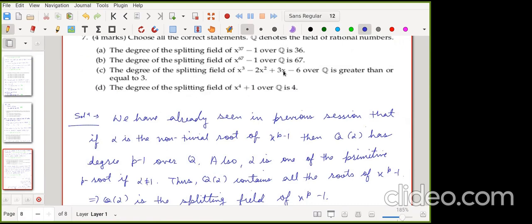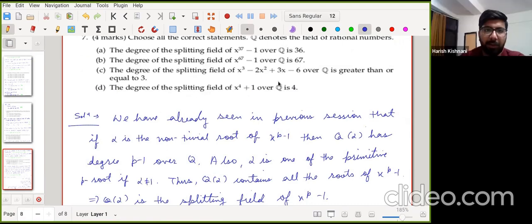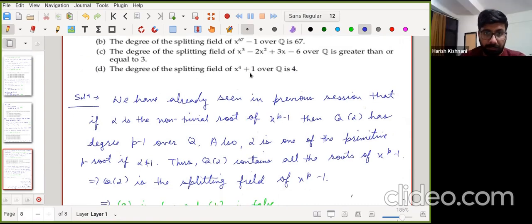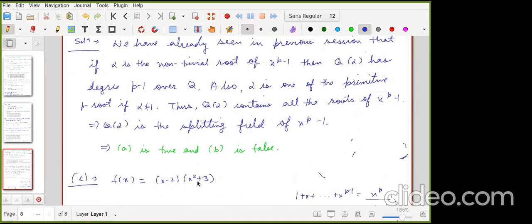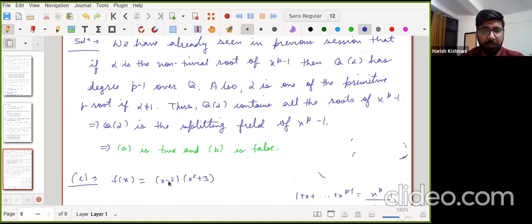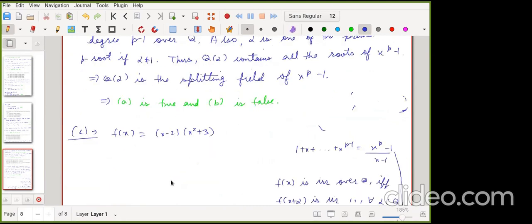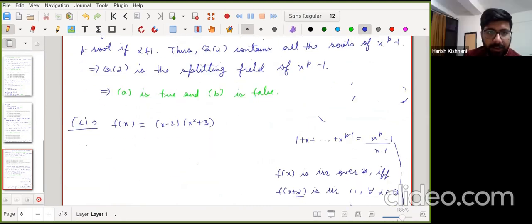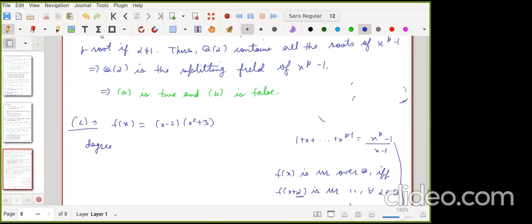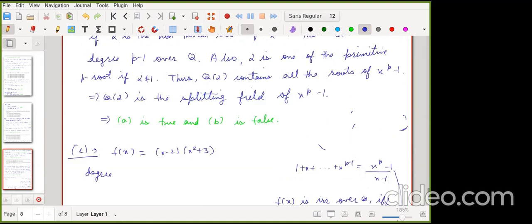So x minus 2 is a factor. Then you divide this polynomial by x minus 2 and you will get x square plus 3. So f(x) is (x minus 2)(x square plus 3). Now, this 2 is already there inside your Q, so that is not going to play any role in determining the degree of the splitting field. Right?